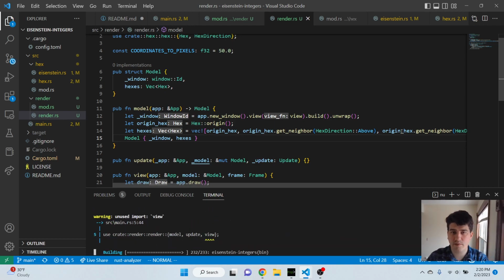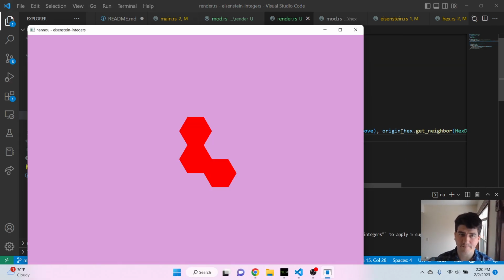Now we expect 3 hexes. Look at that. Above, center, and right below.